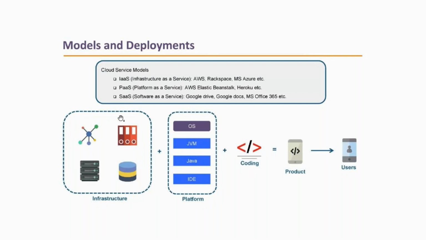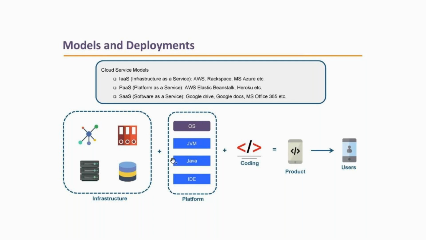If you see this infrastructure, the basic infra, servers and databases, the required network, everything is our basic infra. Why this infra is needed, we have already discussed. This infrastructure is used for development of the product. For example, here the platform is considered like a Java platform. This is the software installed on top of this infrastructure.